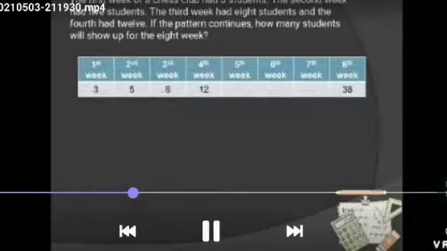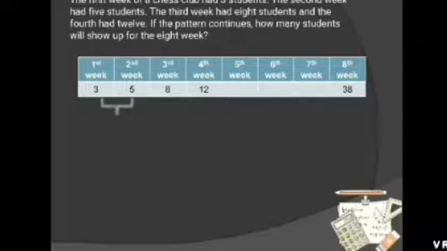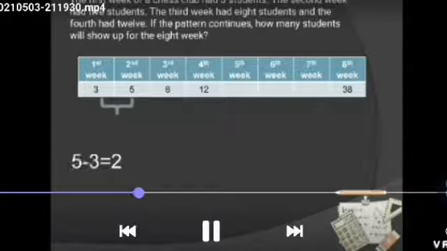So we have here the table. As you can see, in the first week and the second week, 2 students showed up in the second week. In the third week, there are 3 students added.